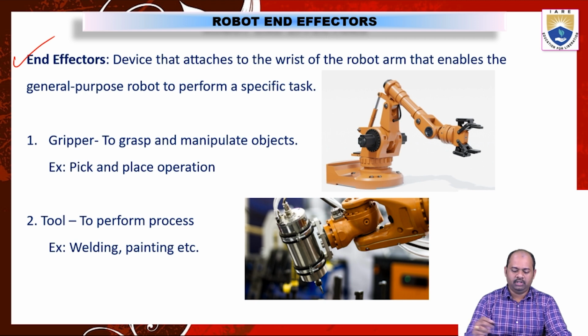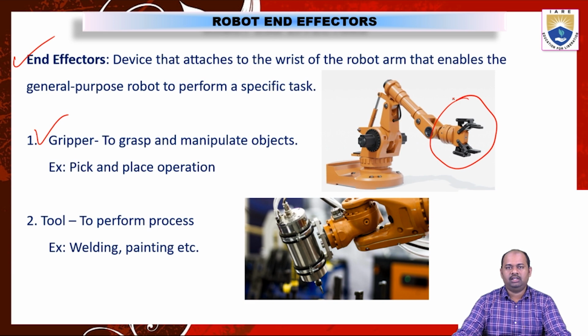If I choose a gripper, you can see in this first picture a mechanical gripper attached to the robotic arm. It is used to hold objects and move them from one place to another.